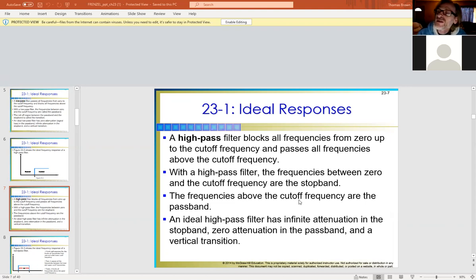Just like in resonance, we wanted a specific type of reaction, and we even saw that we can pick a few different components to achieve the same end. But there was something with the Q response, if you recall. We could have a high Q or a low Q, and we've seen both in the homeworks and in the labs, where we had to change out the components and look at the high Q points and low Q points and see how those respond. So we're still dealing with that as far as this is concerned.